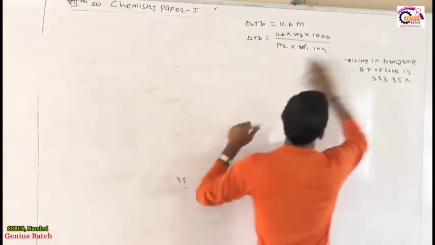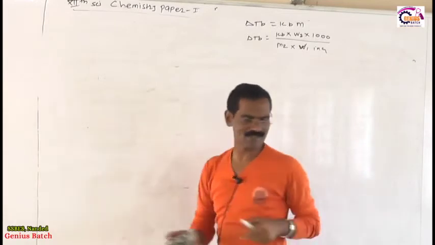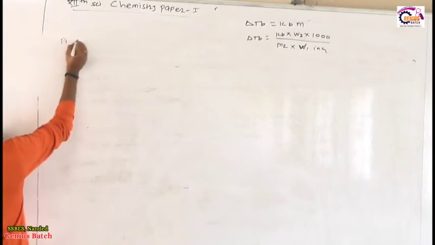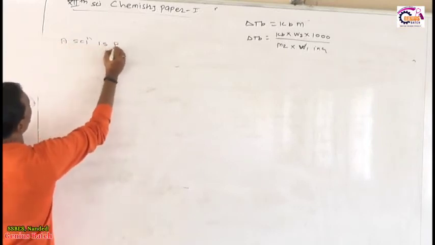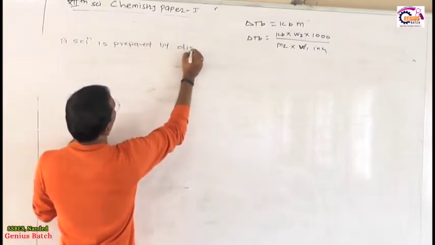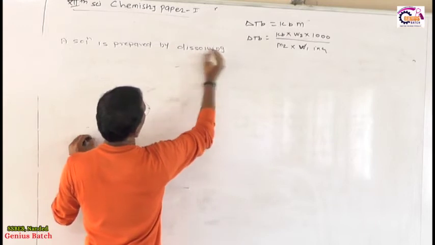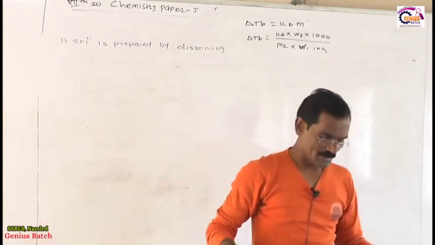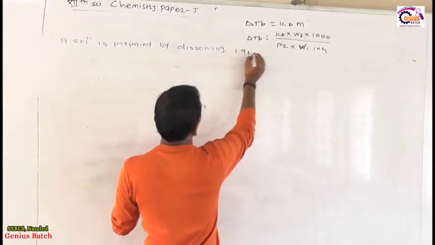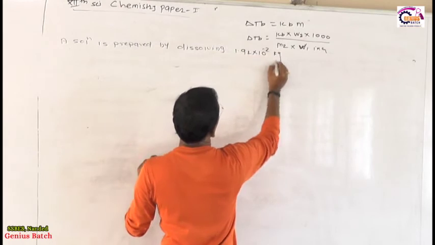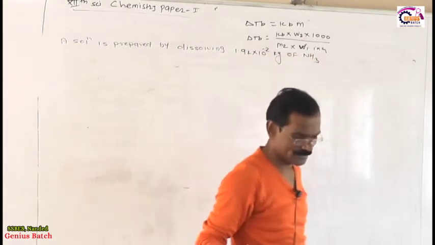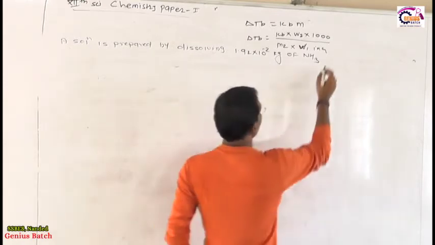My friends, these are very simple things. Now, the second problem is like this. A solution is prepared by dissolving 1.92 into 10 raised to minus 2 kilogram of ammonia in 400 gram of water.